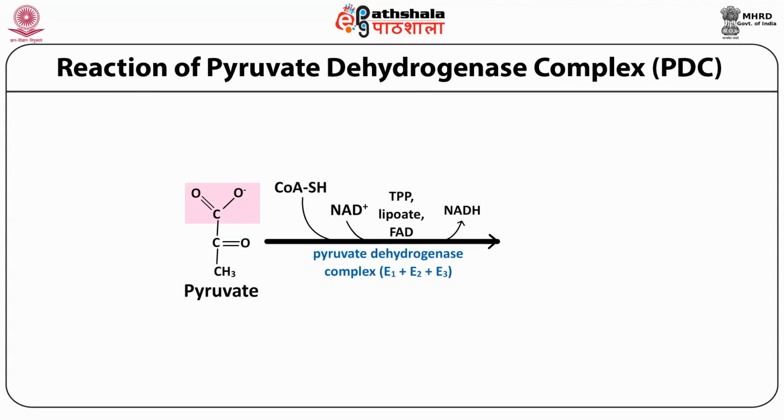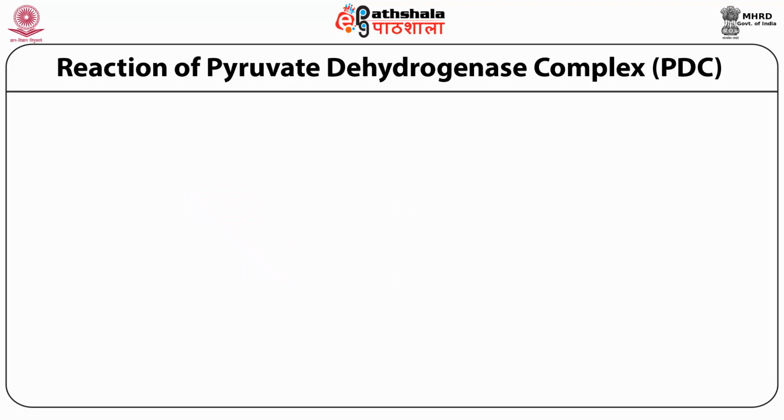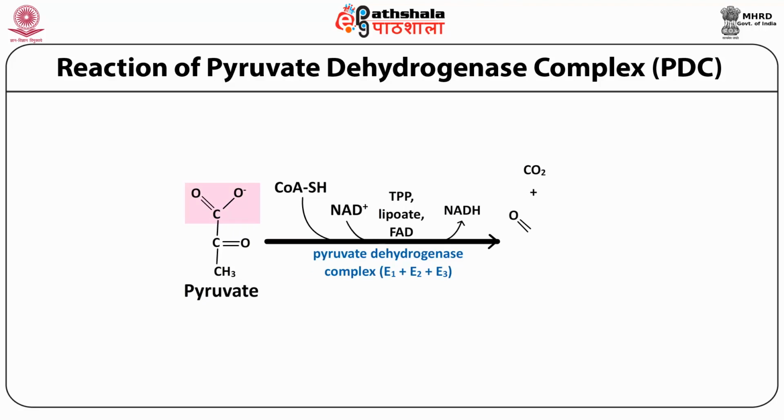The figure shows the conversion of pyruvate to acetyl coenzyme A catalyzed by the pyruvate dehydrogenase complex. This reaction is exergonic and releases 33.4 kilojoules per mole of energy.